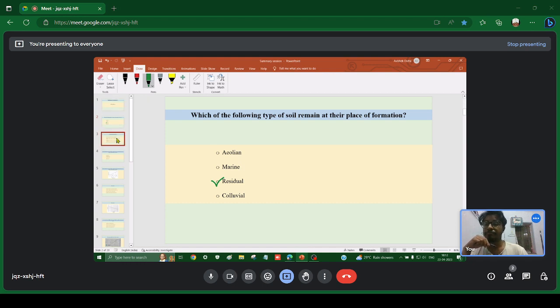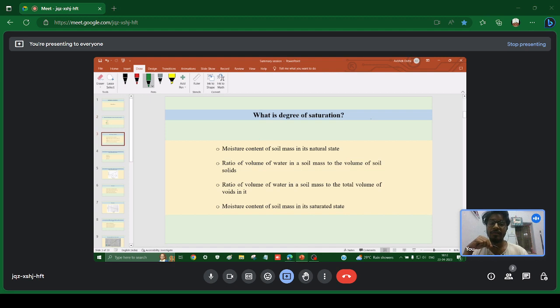Next question: what is degree of saturation? As we have seen throughout our live sessions, the degree of saturation, which is denoted by S, is very important to calculate many other parameters, specifically the void ratio.